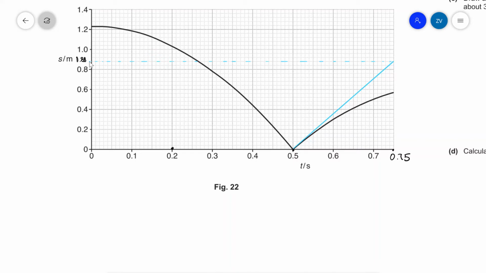So this means that my gradient, change in displacement over change in time, will be equal to 0.88.